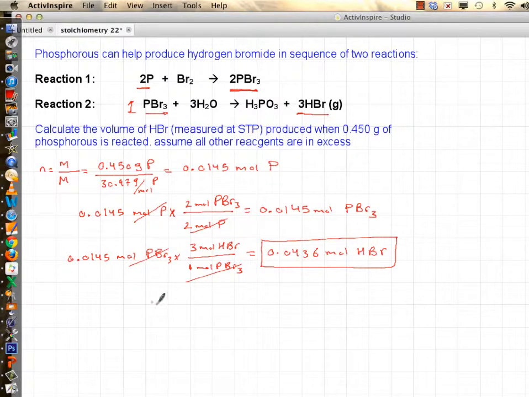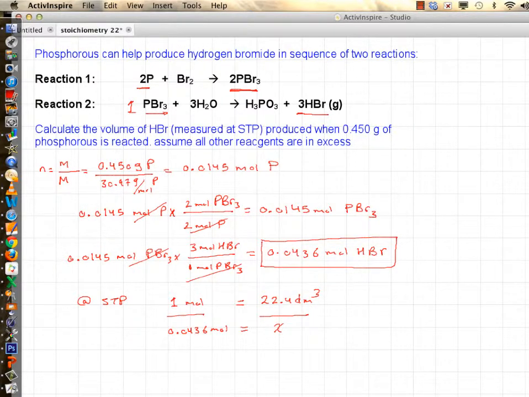Now, last thing to do is you need to convert this to the volume. Just remember, at STP, you don't need PV equals nRT. Rather, hopefully you have memorized that 1 mole of any gas, in this case HBr, is equal to 22.4 decimeter cube of volume. So I put my moles under mole. This is a new ratio, and I solve for variable x.